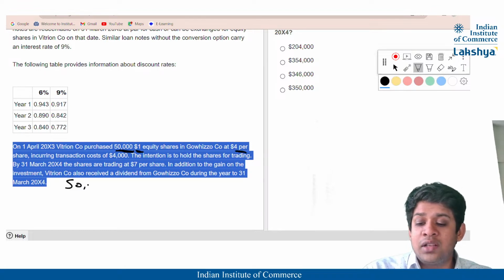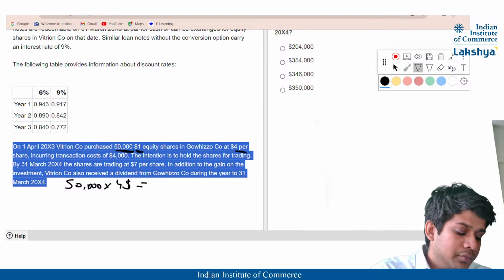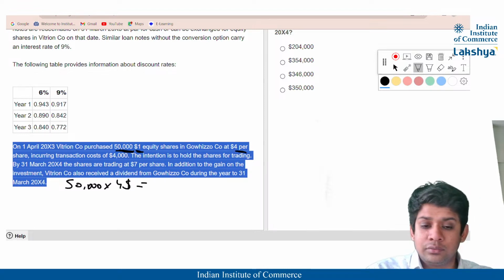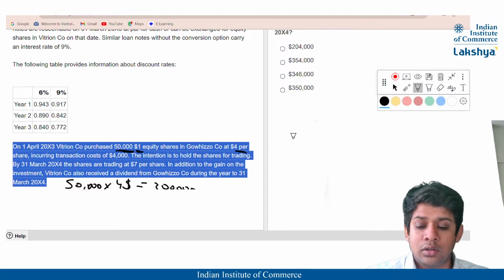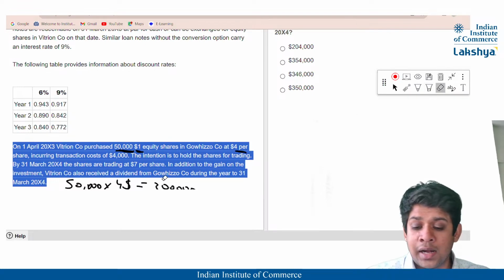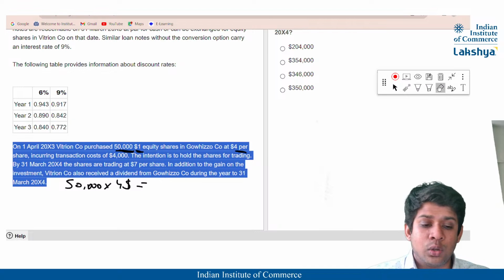So technically, how much have you paid? 50,000 shares into $4 per share. That means you have paid 2 lakh. 2 lakh is the total value, correct?